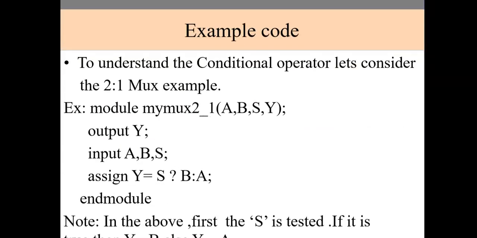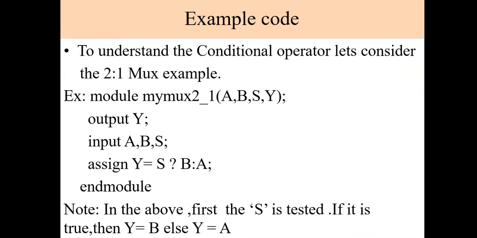I think I have given a simple example earlier also, a 2:1 mux example. Of course, module, name of the module, A B are the inputs, S is also input, Y is the output. So here I have written assign Y is equal to S question mark B colon A.